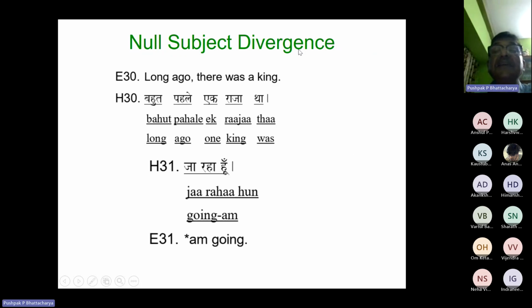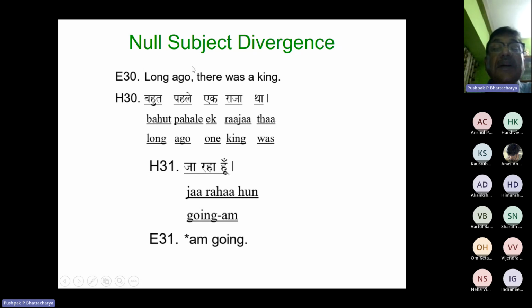The null subject divergence is interesting. Languages of the world are divided into two categories broadly: null subject and with subject. English doesn't allow any sentence where the subject is absent. Okay, so long ago there was a king. So this there is the subject, but it has no semantic role. It is called a pleonastic. So null subject divergence. बहुत पहले एक राजा था.